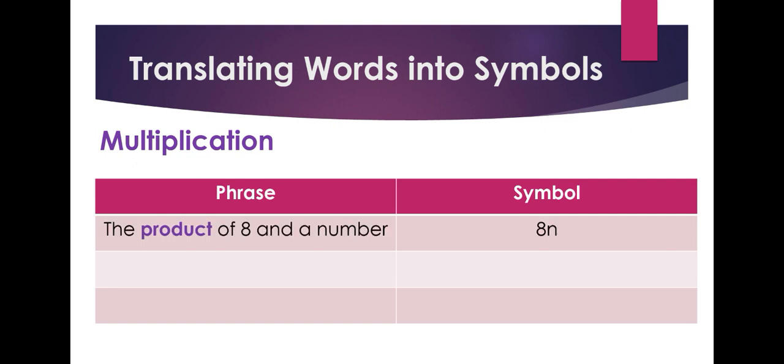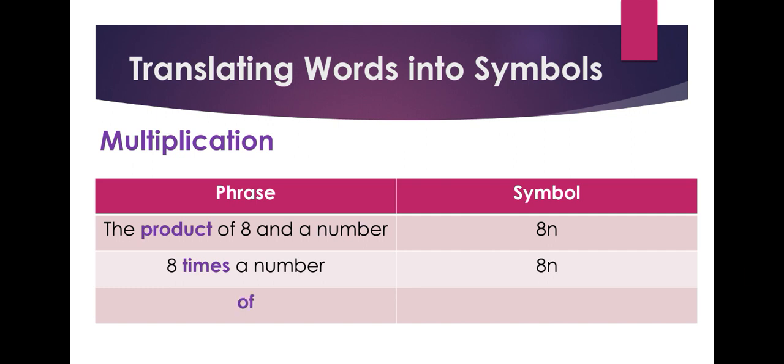In multiplication, the symbol used can be an asterisk, right? Or the x, which means times. Or others use the dot, the shaded dot, which also means multiplication. But when a variable and a number are given, you can just put them side by side, which still means multiplication. Next is the word times, such as 8 times a number.